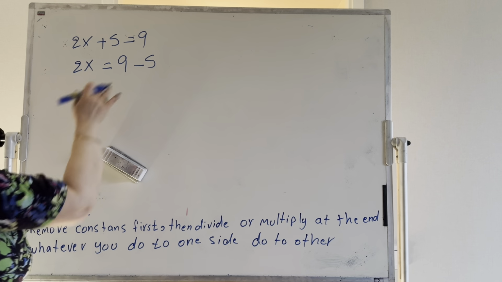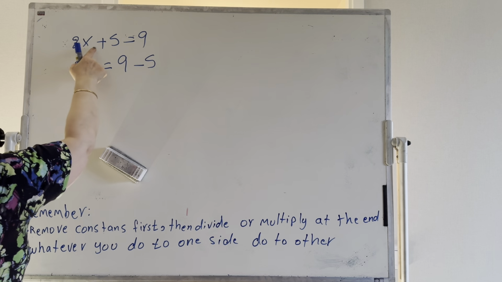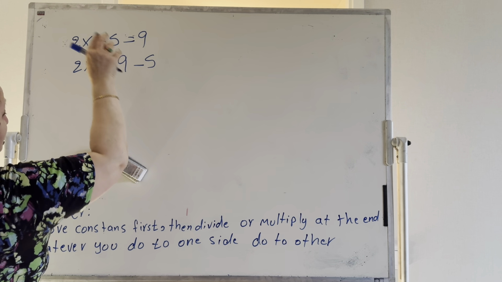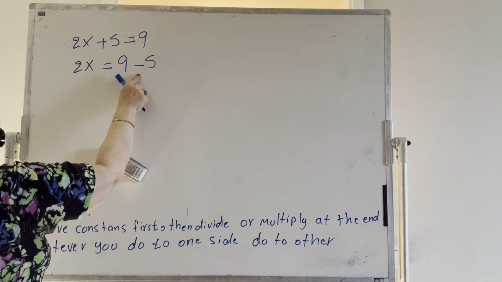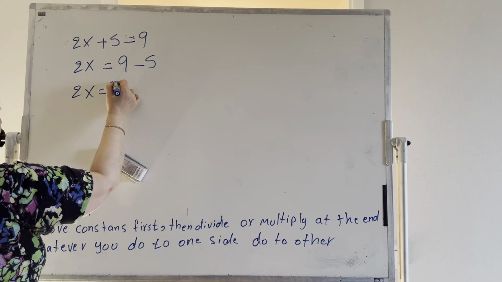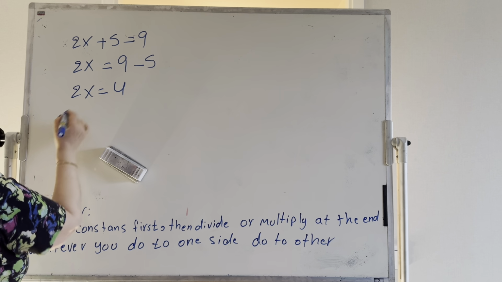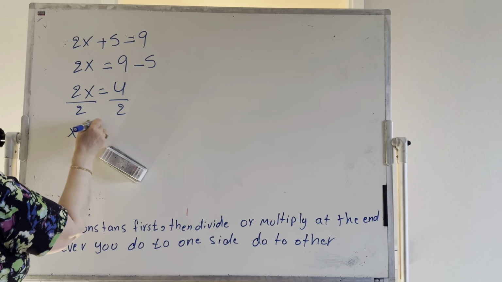I will subtract in my head quickly. I take the numbers first, and I change the sign. 2x equals 9 minus 5 equals 4. Then I will divide by 2, x equals 2.